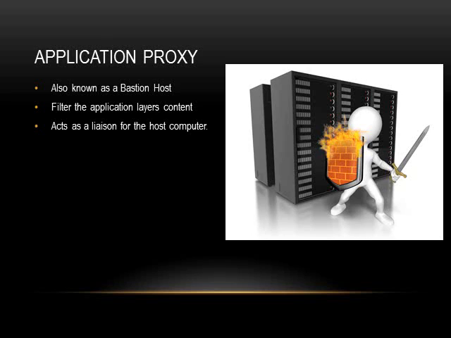The application proxy will have a web server application installed on it with a browser, and when the host sends a request, it will actually go to the application firewall. The application firewall will break it down to the application layer, inspect the application layer content, and see if it's okay or not. It will either allow or deny.